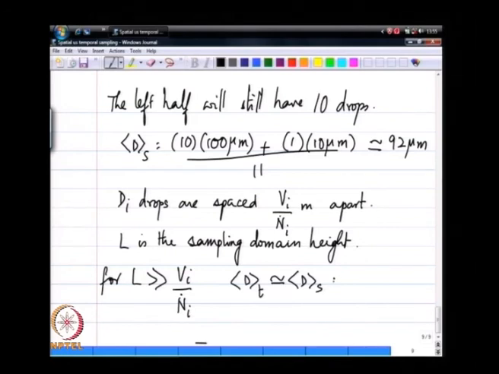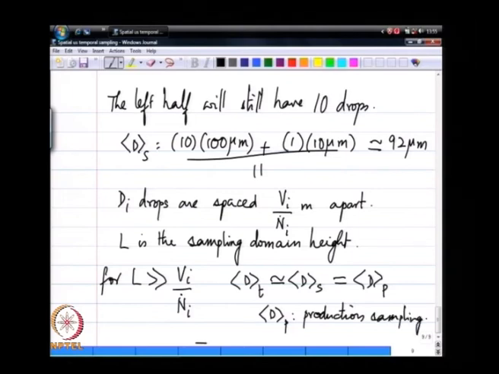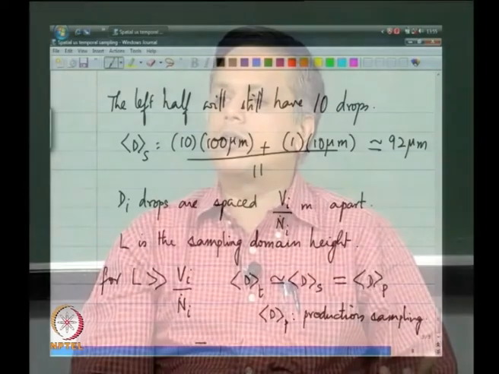And I will say that both of these would end up becoming equal to the production sampling. Actually, production sampling is something that is already exactly equal to the temporal sampling, but just to sort of have a physical feel for sampling in time being different from sampling at the nozzle exit.